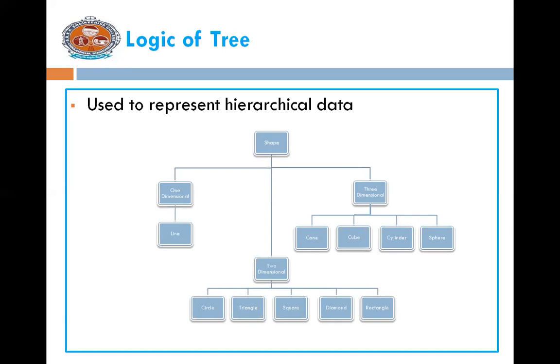The second one is two dimensional. In two dimensional, you will have two dimensions for representing the shape, that is circle, triangle, square, diamond, and rectangle. The third differentiation is three dimensional. In three dimensional, you have cone, cube, cylinder, sphere, etc.